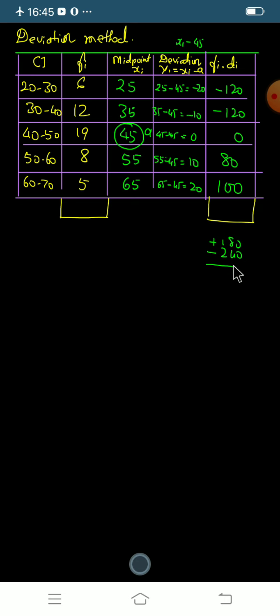Now the negative number is stronger, so negative is the sign. We subtract 180 from 240 and we get 60. So the answer is minus 60. Now what is minus 60? Minus 60 stands for the summation of Fi di.